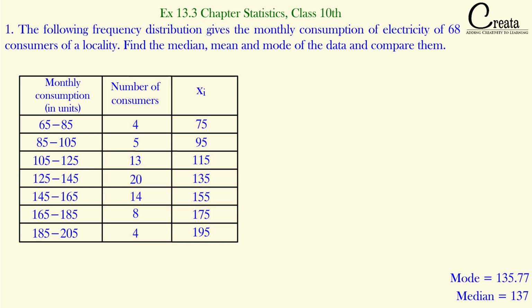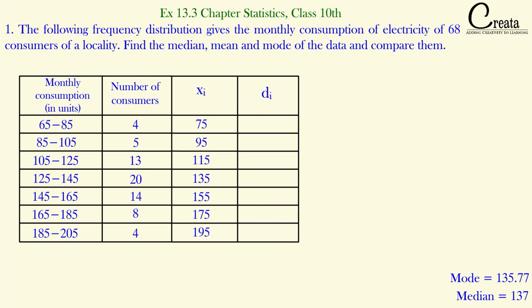What we do in the assumed mean method is calculate the deviation, which is di. And how do we calculate the deviation? We assume any of these observations as the assumed mean, and we subtract the assumed mean from all the values of the observation. Let's see what I am saying. The first step is assuming any of these values as the assumed mean.